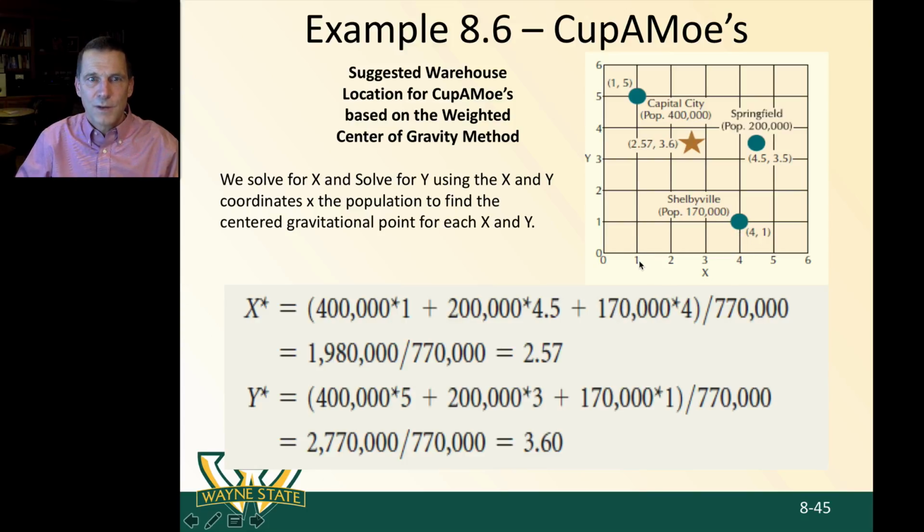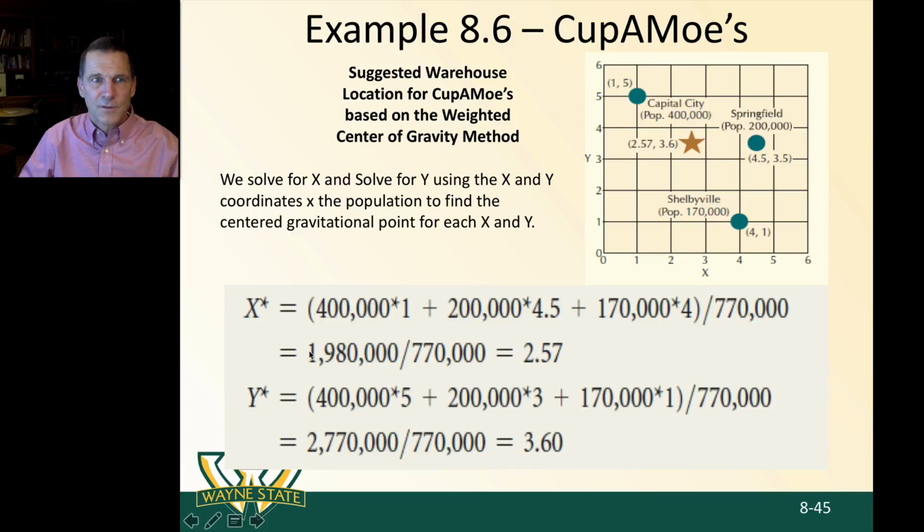Those are our 3 x coordinates and the 3 gravitational numbers, the 400, the 200, and the 170. That will help us solve for x. We basically do that multiplication and then divide by the total of the 3 populations. So the 400 plus the 200 plus the 170 gives us this 770.